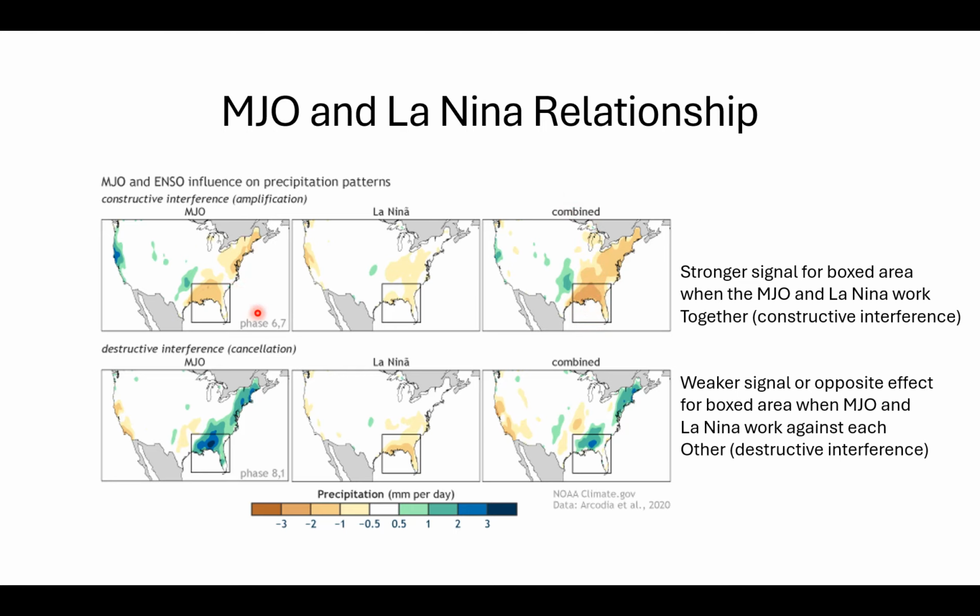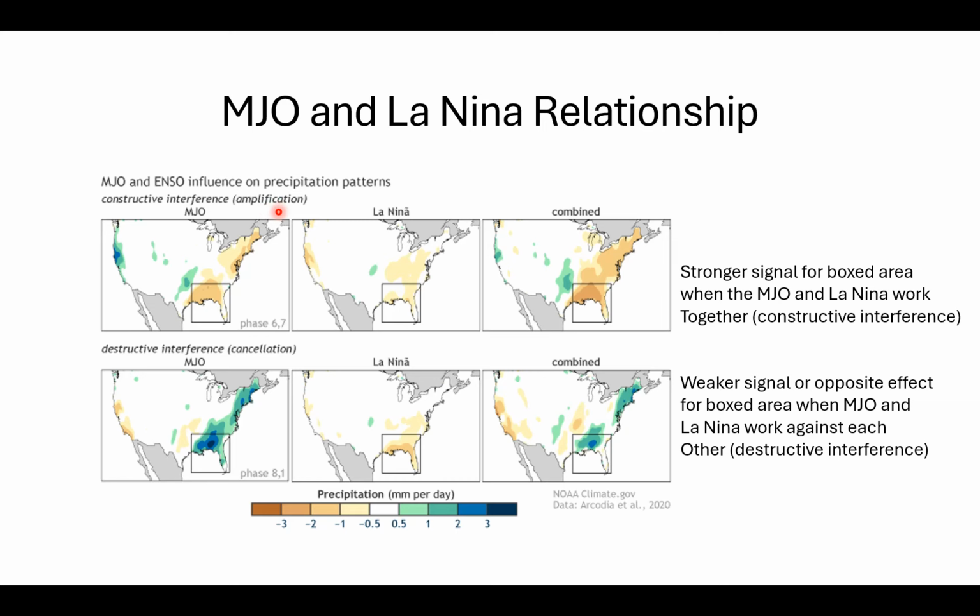MJO phases 6 and 7 plus La Nina results in very dry conditions in the boxed area along the Gulf Coast. It also results in very dry conditions all the way up from the mid-Atlantic, Pennsylvania, up to New England. So we have a stronger signal in this case when we combine MJO and La Nina, a stronger signal for the boxed area. This is known as constructive interference.